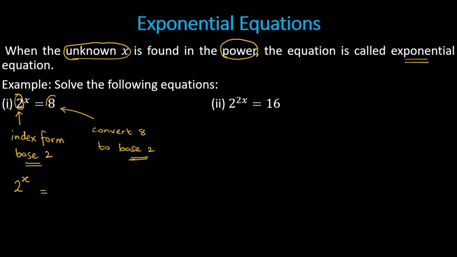How can we convert 8 to base 2? By simply dividing by 2. 8 divided by 2 is 4. 4 divided by 2 is 2. And 2 divided by 2 is 1. So 8 is simply 2 to the power of 3, because 8 is 2 times 2 times 2.